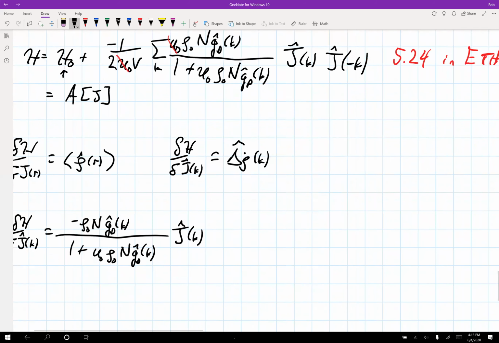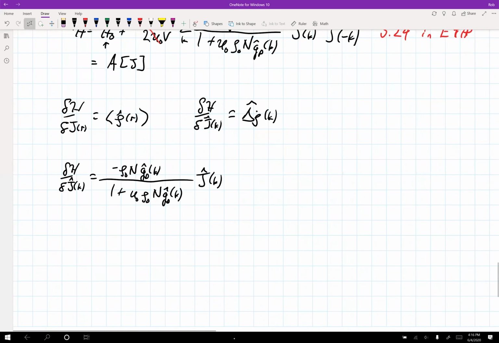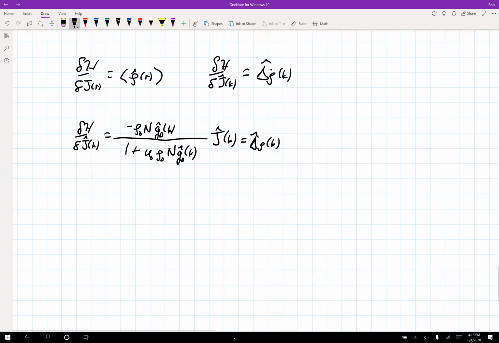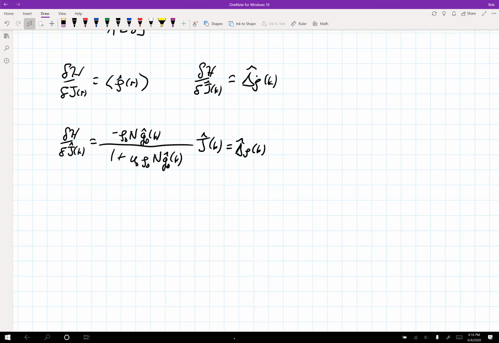And so now we know that this is equal to our delta rho hat of k. And so now we can invert this thing, right? So now we can solve for j hat of k in terms of delta rho hat of k, and then we're basically done.